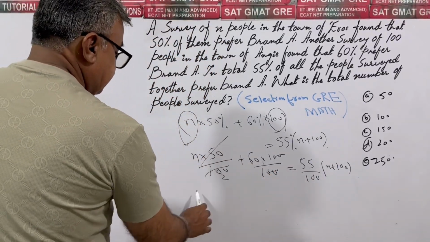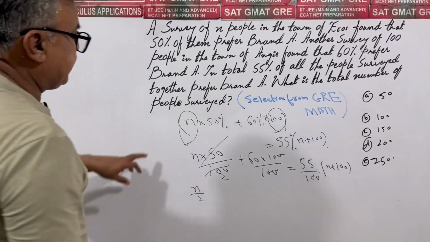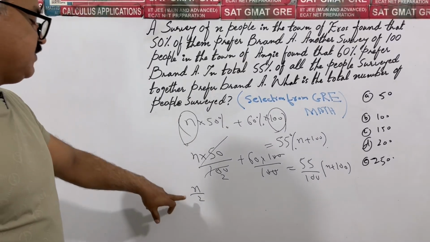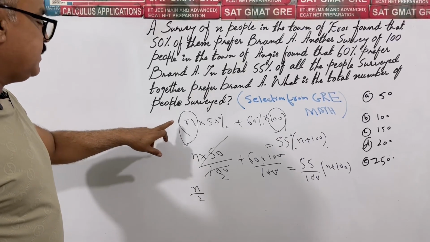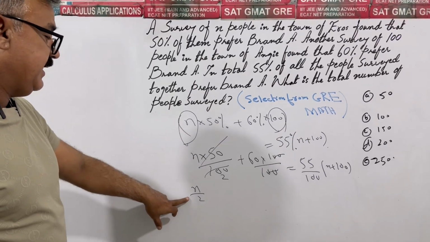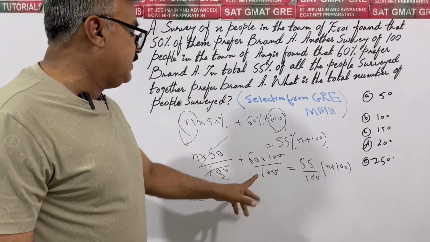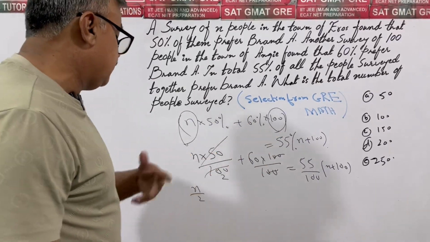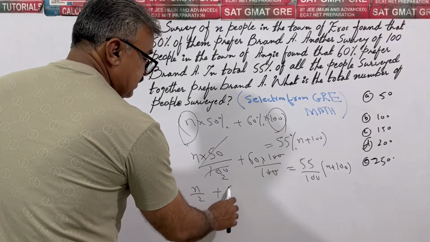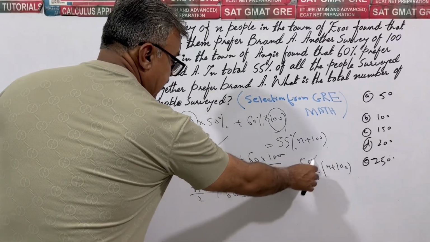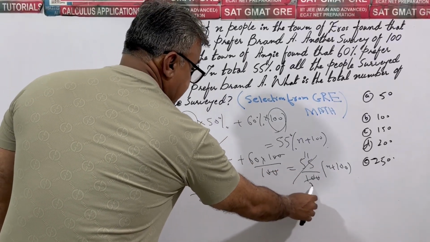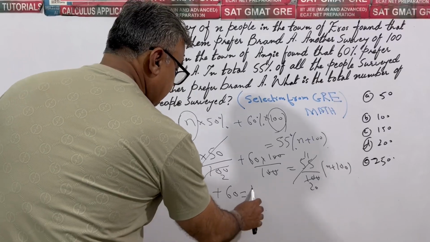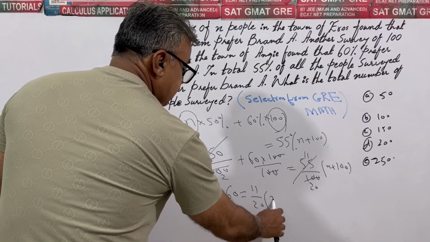Or one can take it directly. What is 50% of N? It is obviously N over 2. What is 60% of 100? No doubt it's 60. Or apply the table of 5: 11 times 2 times 0, same, 11 over 20 times N plus 100.